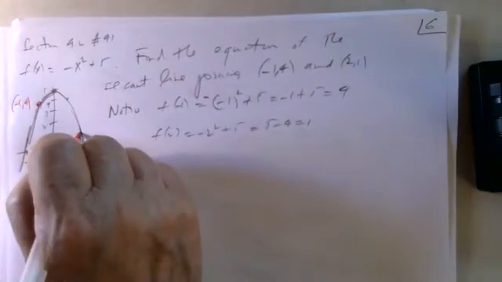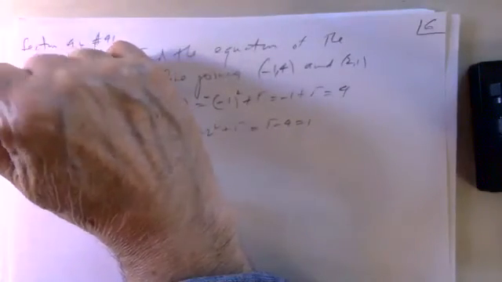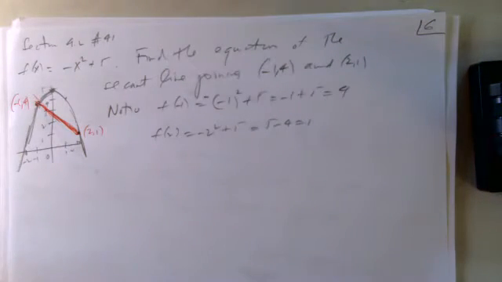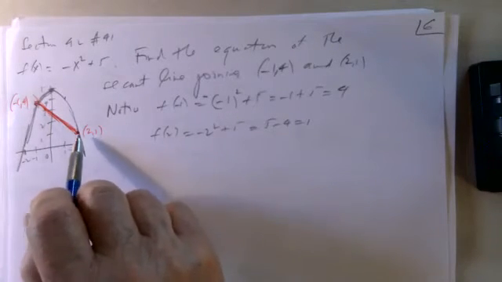So this is the point 2, 1 on the curve. And that is the secant line. We want to find the equation of the secant line.